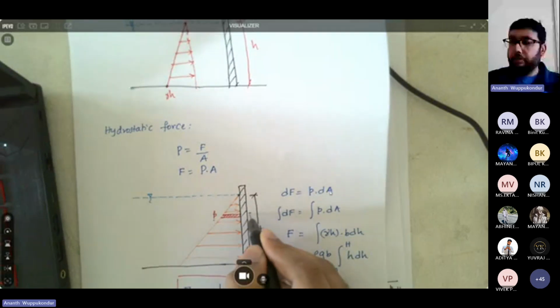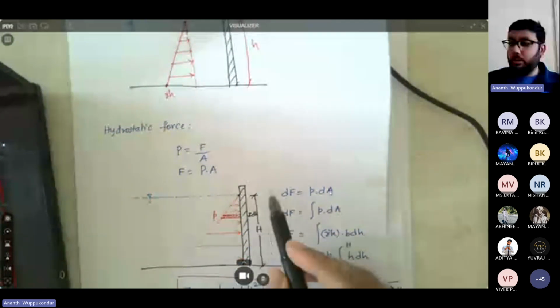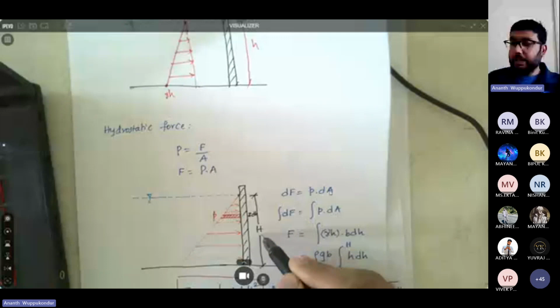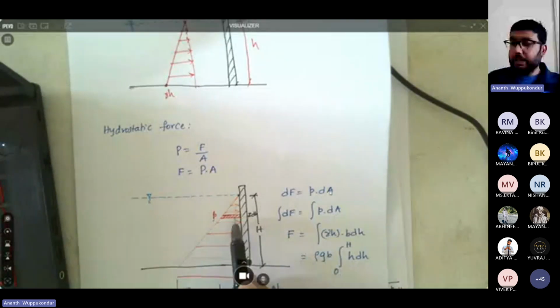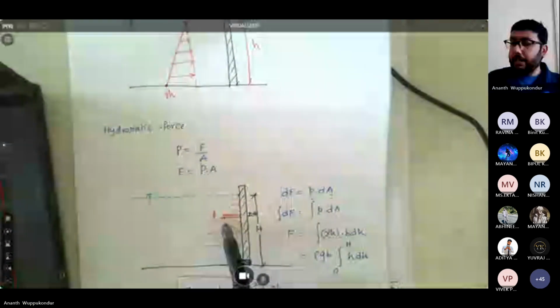The total height of the dam is big H, and the height of this small elemental area is small dh. Now, according to force is pressure times area, your dF would be the pressure acting on this element, small p, multiplied by the area of this small element, which is dA.